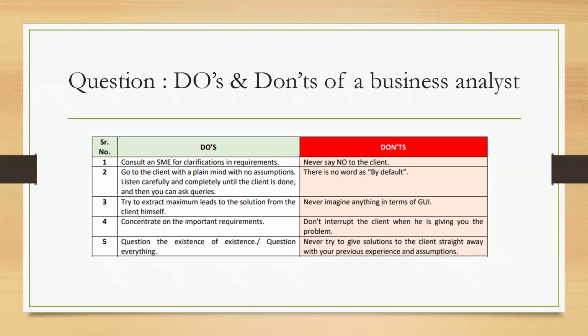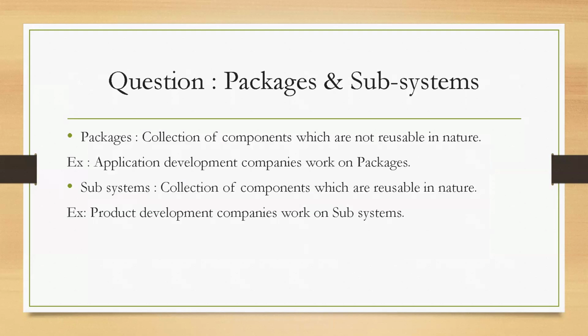And we should never work on assumptions. Only on the requirements that we have should we work. That's how we need to add the do's and don'ts of the business analyst.